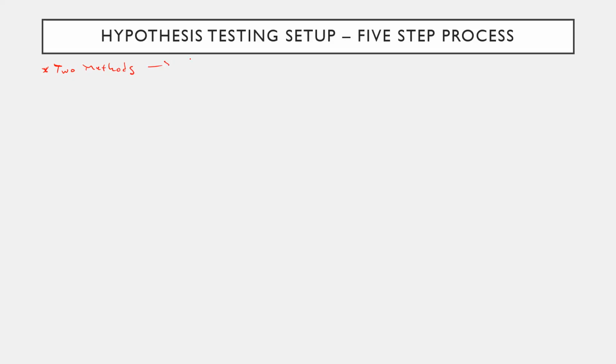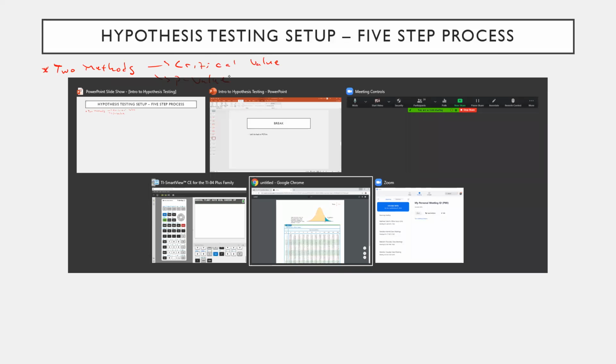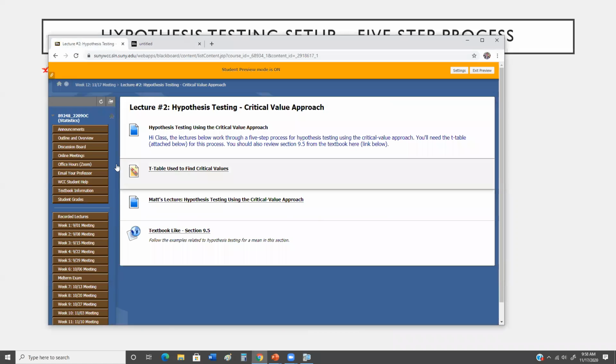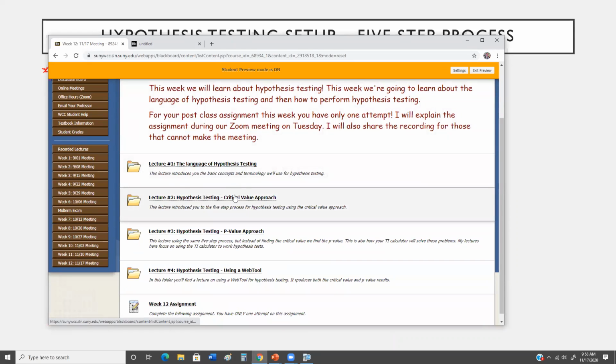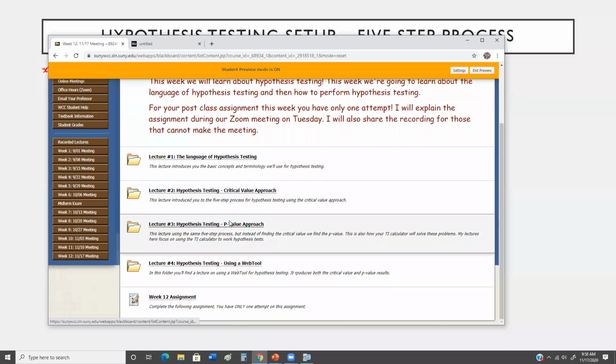There's what's called the critical value approach, and then there's what's called the p-value approach. If you look in our classroom under week 12, you'll notice that I have a lecture on the critical value approach, and then I have the p-value approach.